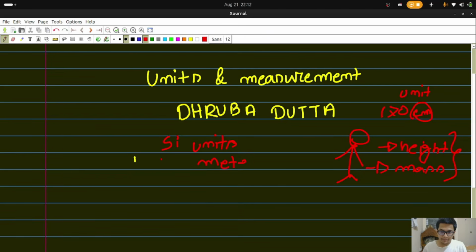I'm gonna write it fully, meters. And for weight we use kilogram, and that's what we use for your height and mass. And for time we use seconds.